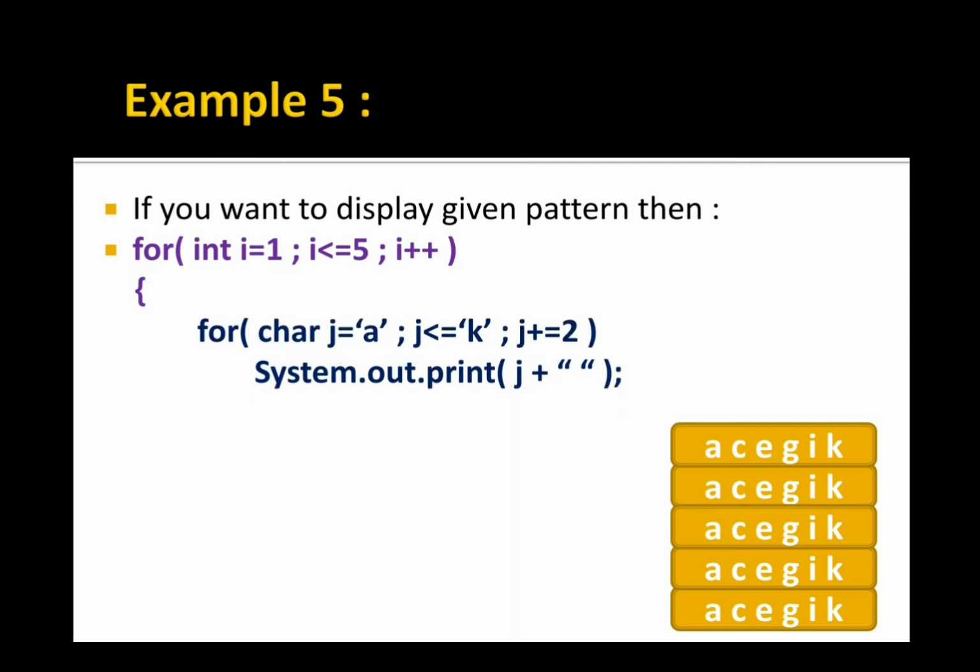How is it moving? See, starting from A till K, increasing with 2. And I'm displaying my j with space. And after doing my job, I have to place one line so that the next output will come in the next line. In this way we can have this pattern.